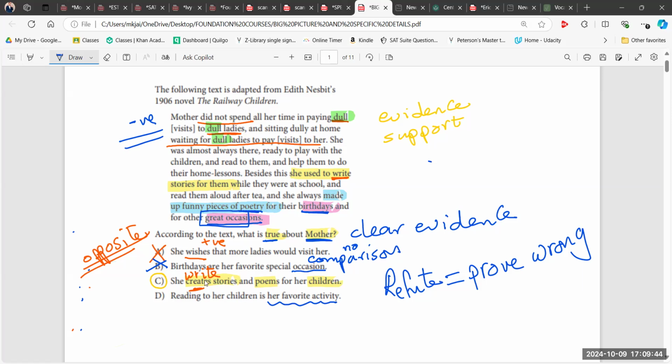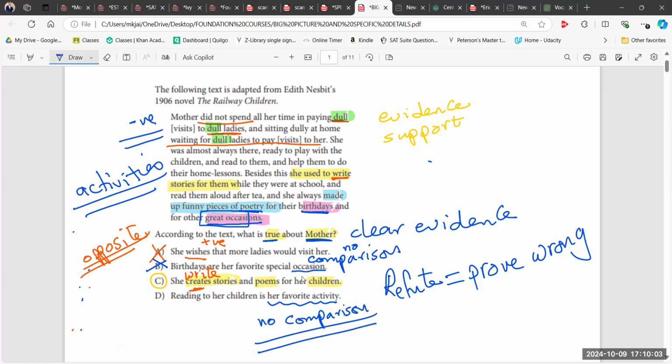I've got some activities mentioned, but any comparison between these activities, which one is her favorite? No comparison. So no comparison is made between the occasions or the activities.